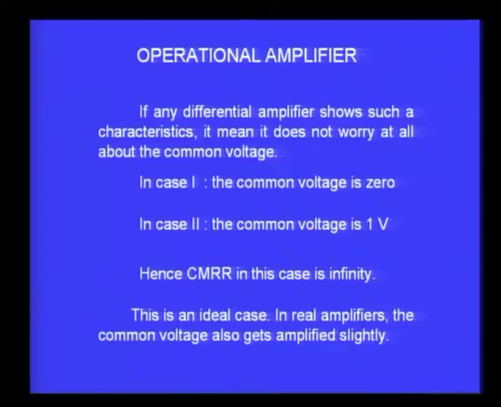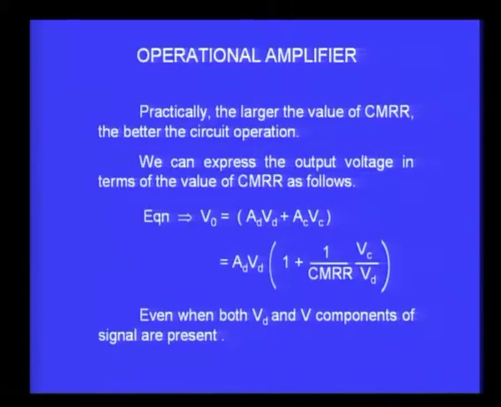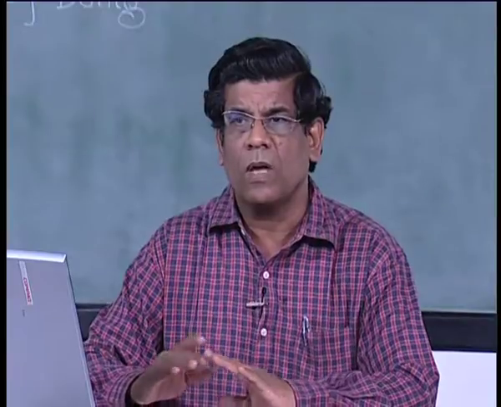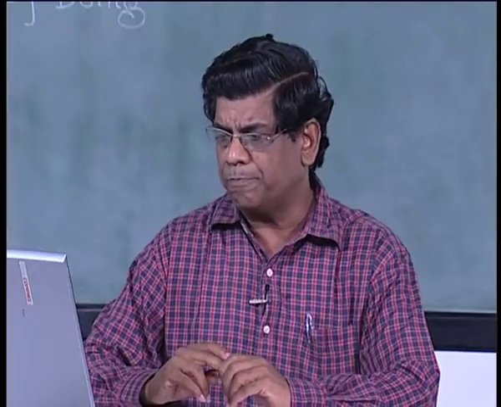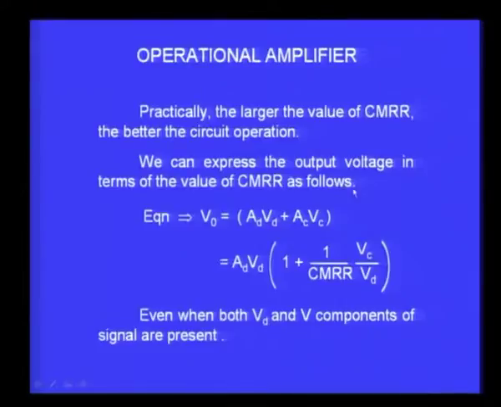signals. But I already mentioned to you, in reality you would find it is very difficult to get such a high value of CMRR. You can with great difficulty get 90 dB or 100 dB, etc. Therefore, let us now look at some small modification, an algebraic variation of the output voltage.